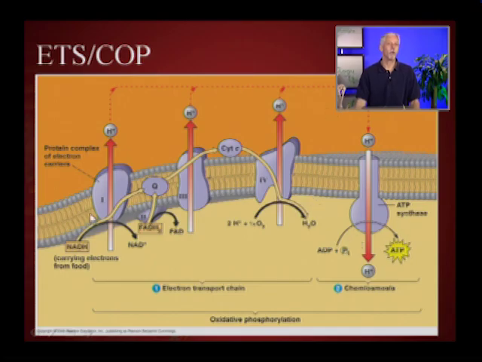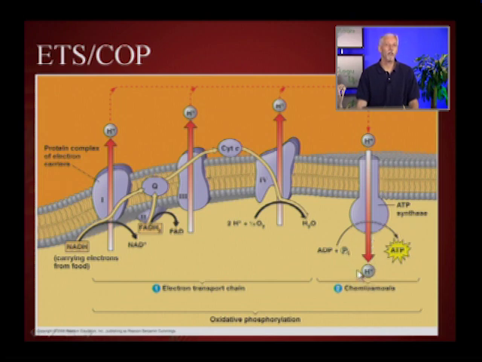So again, this is a little more realistic example. Here's our electron transport system. As long as we have a source of electrons at one end, terminal electron acceptor at the other, electrons will flow through the system. As electrons flow through the system, they will pump hydrogens. Hydrogens are concentrated on the other side of the membrane. They try to diffuse back through the membrane, and the only place they can diffuse back through is this ATP synthase. So the hydrogen ions then are just following their concentration gradient.